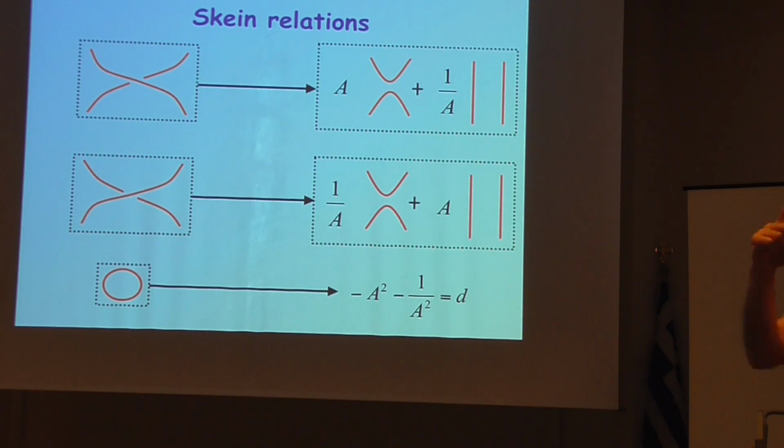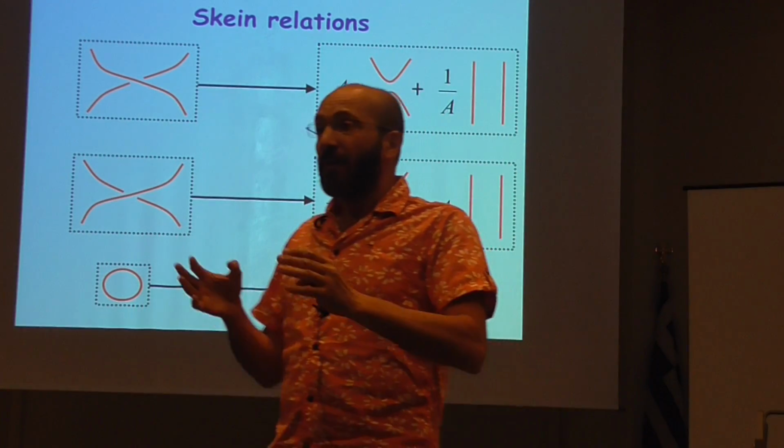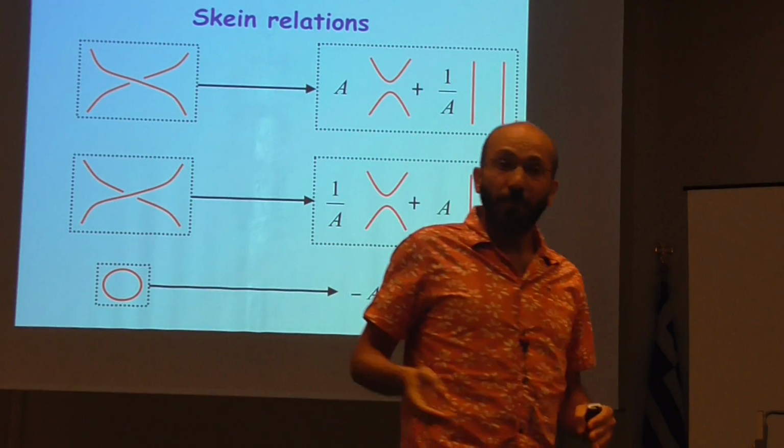So for every link with one crossing, I substitute two other links. One has horizontal lines with coefficient a, the other has vertical lines with coefficient 1 over a. And at the end, if you do it to all crossings, you'll end up with just simple loops.